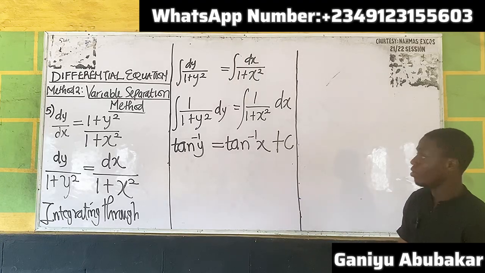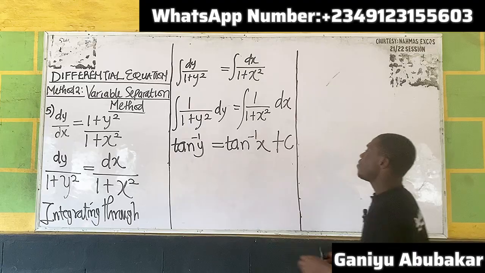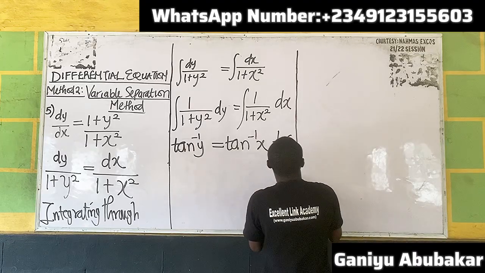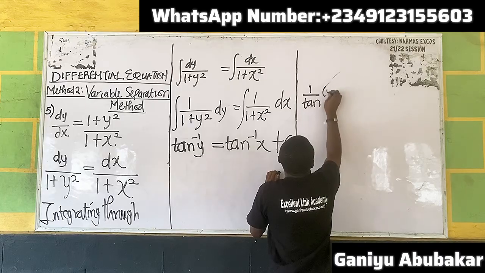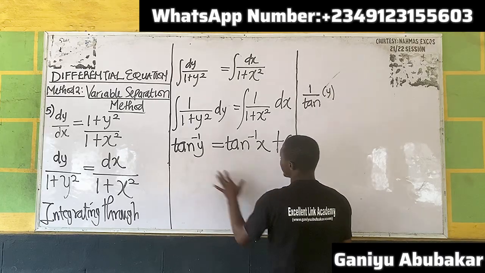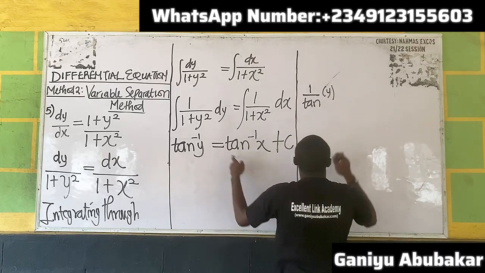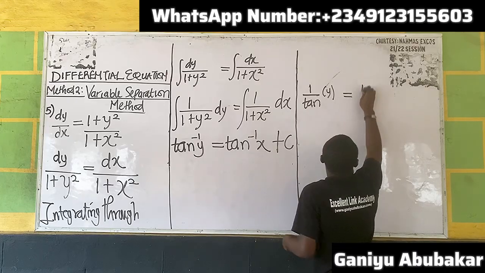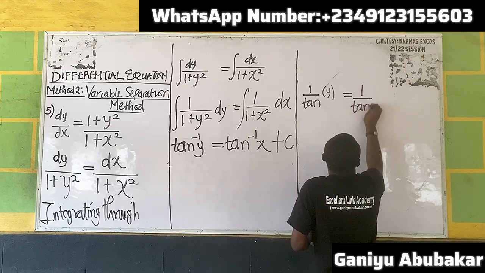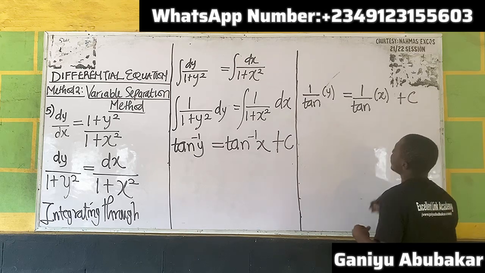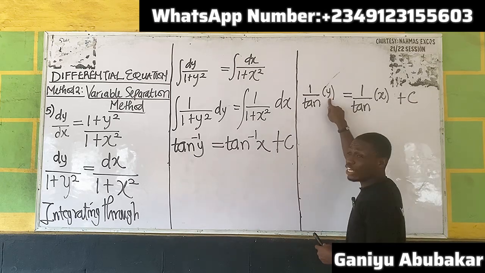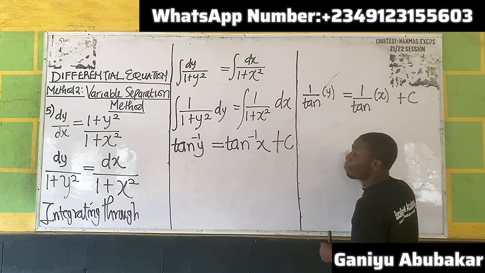Now listen, look up. If I have tan inverse of y, it means 1 over tan into y. So tan inverse of y equals 1 over tan into x, of course plus c. I want to make this y stand alone. It's easy: multiply both sides by tan.